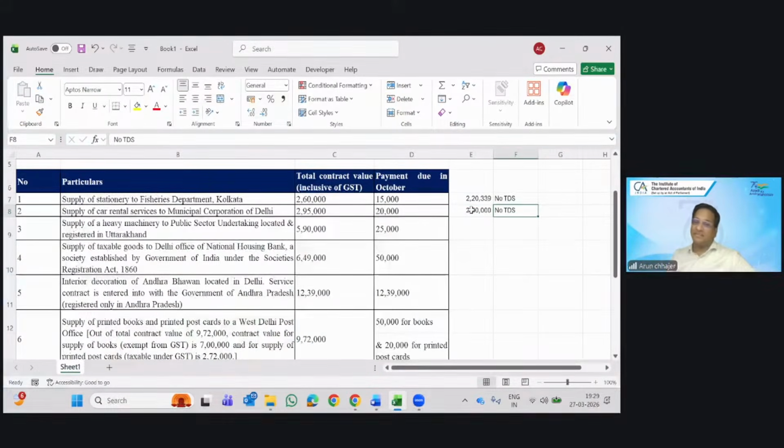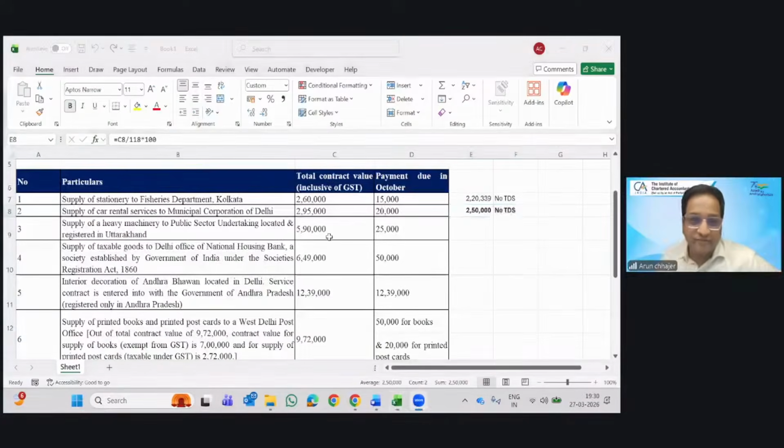So the answer would remain the same. It is very important, when will TDS applicability come? When the contract value is exceeding, greater than 250, then only it is applicable. Correct? Now next.